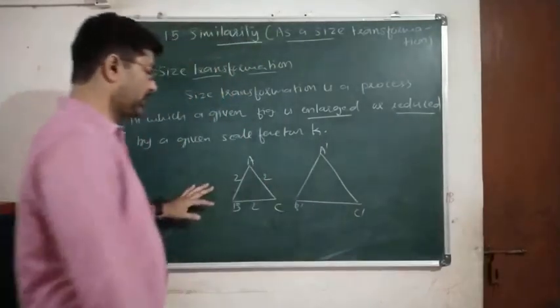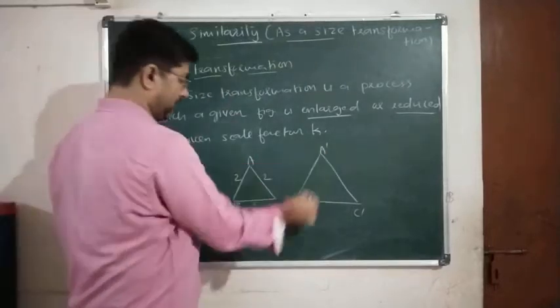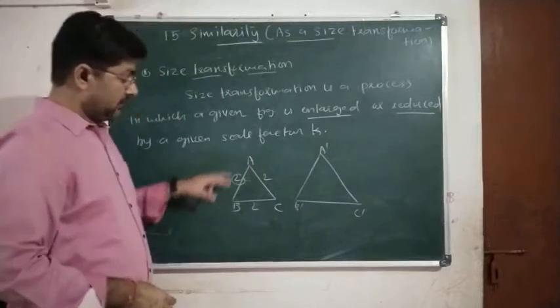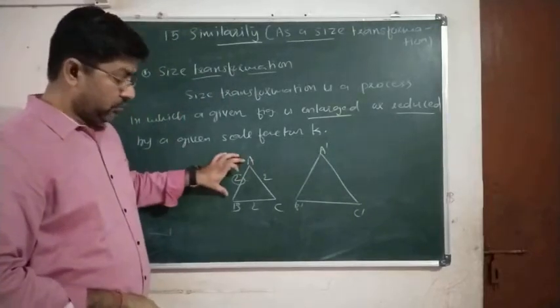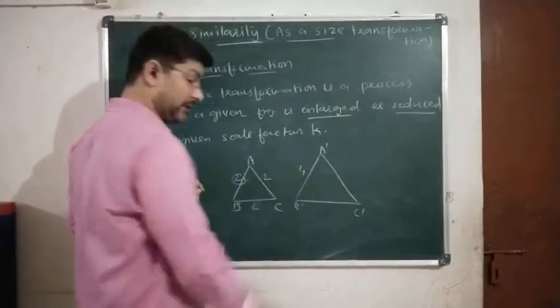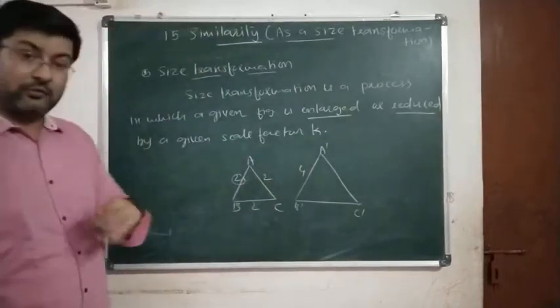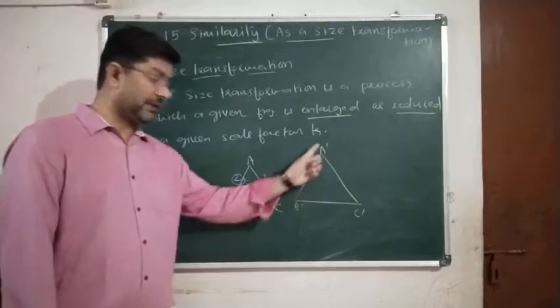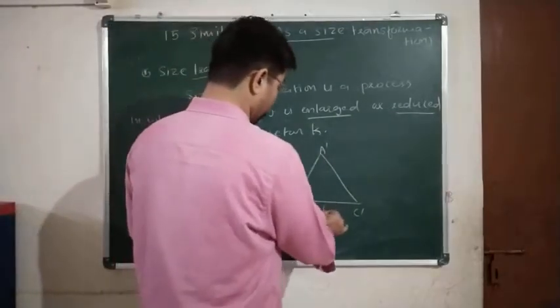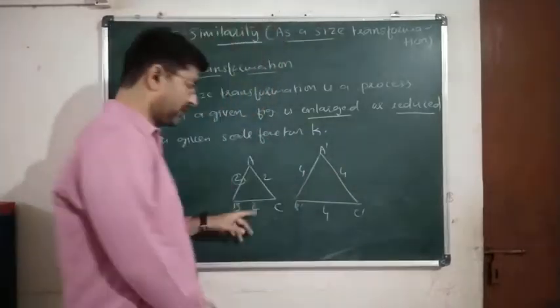Now you will notice that AB has 2 units length, while A dash, B dash has 4. So what is the difference? Twice, yes or no? The length of A dash, B dash is twice. Similarly, B dash, C dash is twice, and A dash, C dash is also twice of AC.